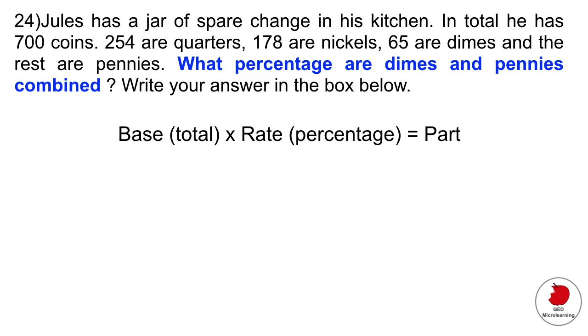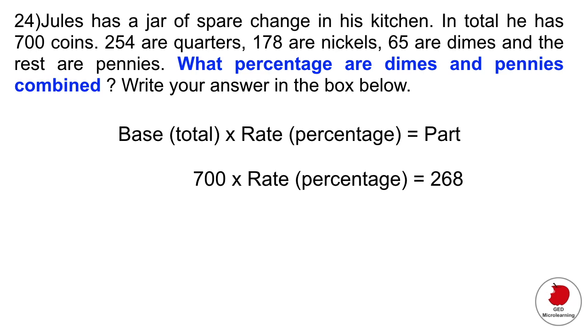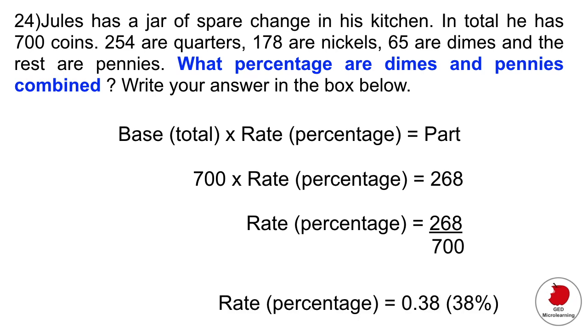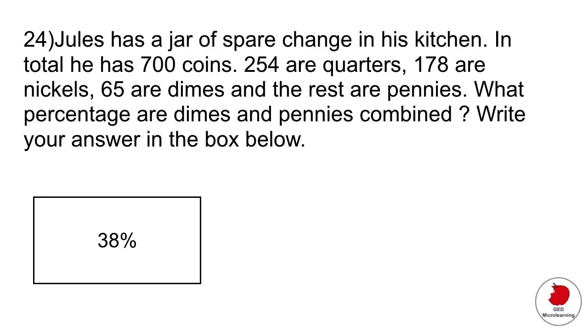And the part that makes up dimes and pennies is 268, which we just found out. So all you have to do now is solve for the rate or percentage by dividing both sides by 700. That gives you 0.38. If you multiply that by 100, that gives you the percentage, which is 38.